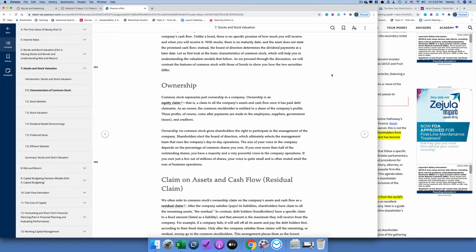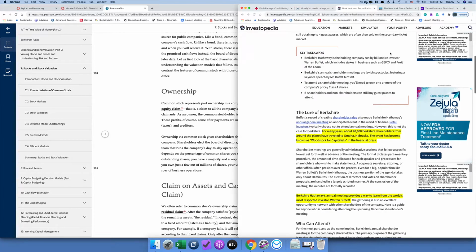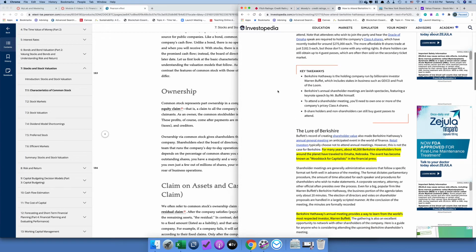Of course, usually shareholders operate through the board of directors, which provides oversight to the day-to-day management of a company. But there are some businesses which have very famous shareholder meetings, including Berkshire Hathaway, which has an annual shareholder meeting in Omaha.